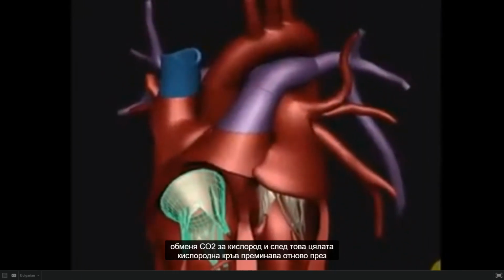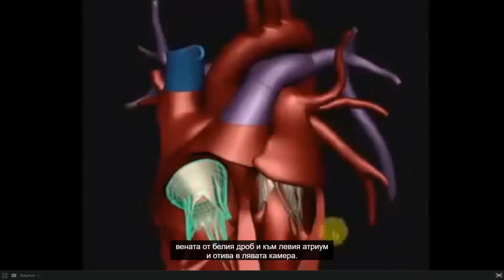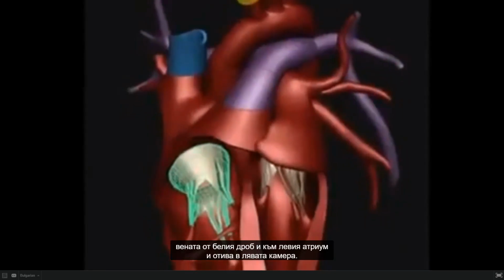There, the blood exchanges CO2 for oxygen from the lungs, and then all the oxygenated blood goes again through the veins from the lungs into the left atrium. From the left atrium it goes to the left chamber.